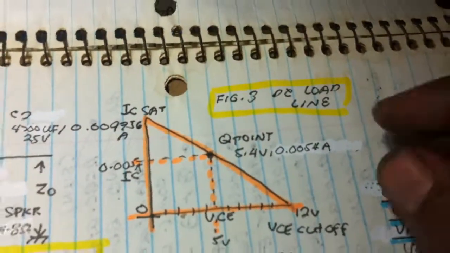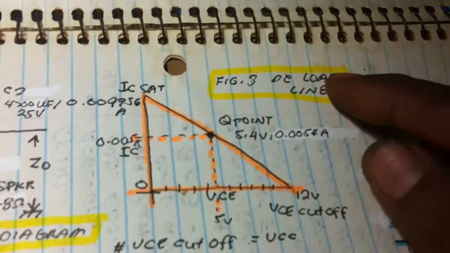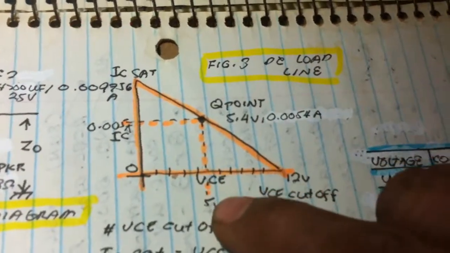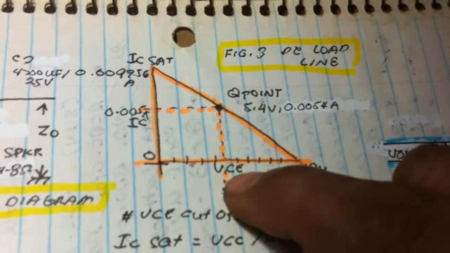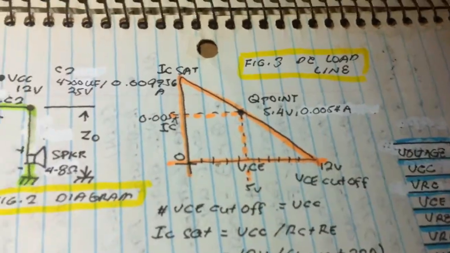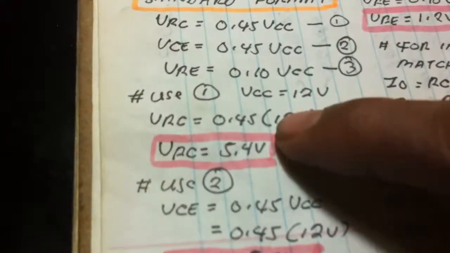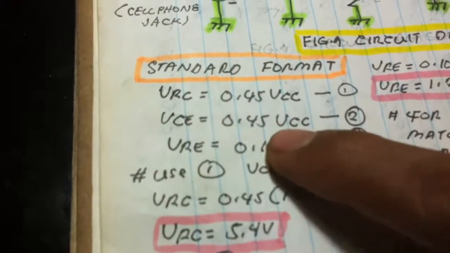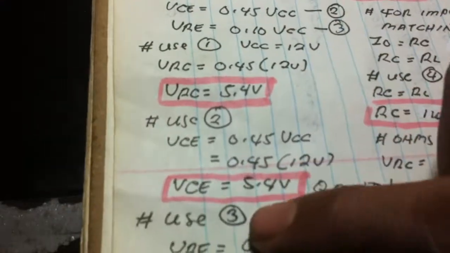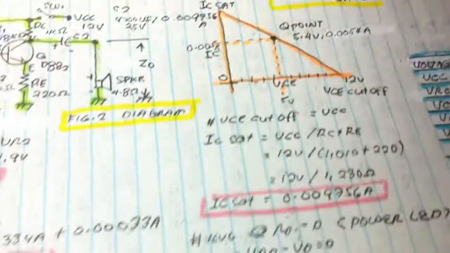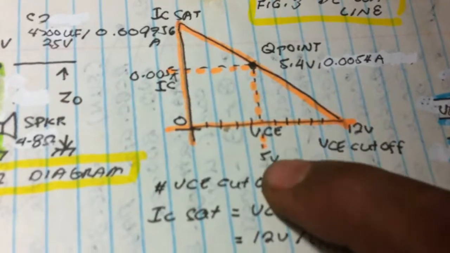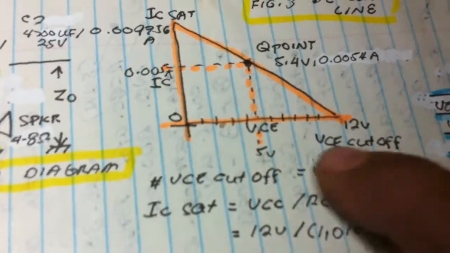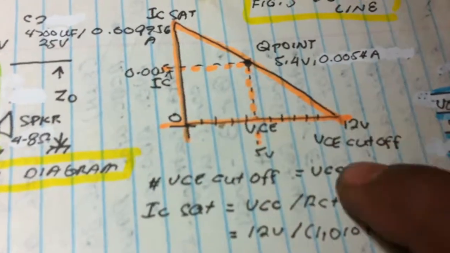So this is now the DC load line. We know the voltage at the collector emitter, we computed that. Using this formula, remember, from the voltage supply, VCE is 5.4 volts. So this one is around here, 5.4 volts, on the x-axis.